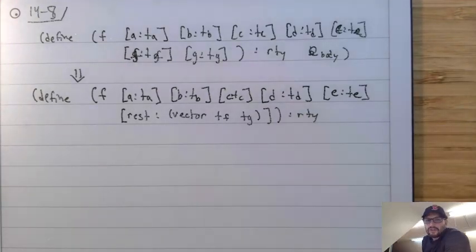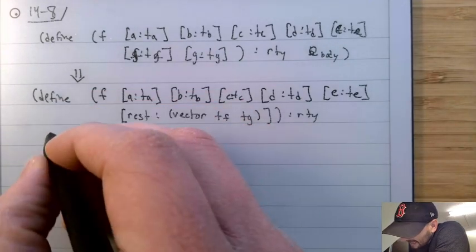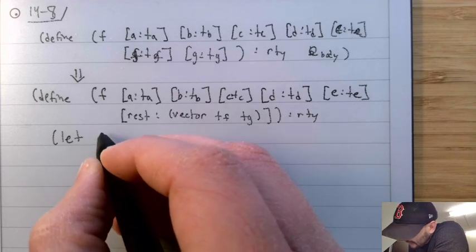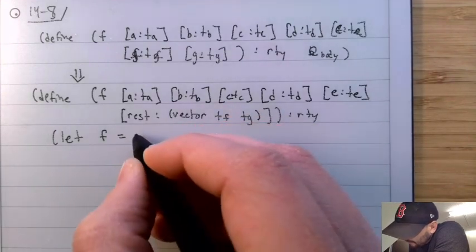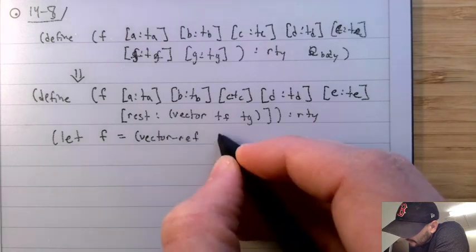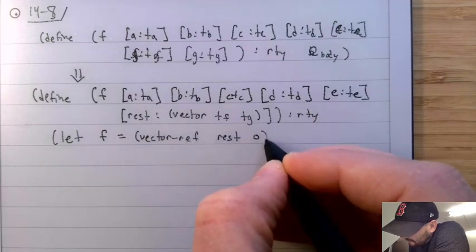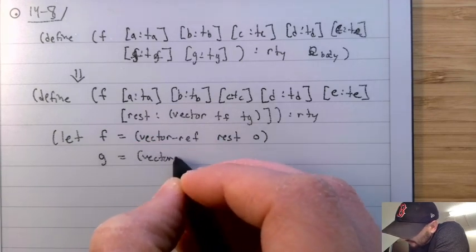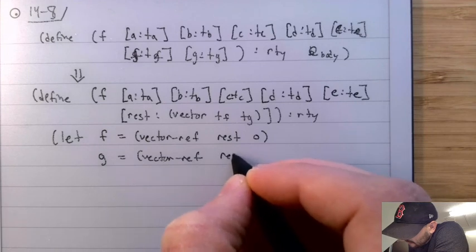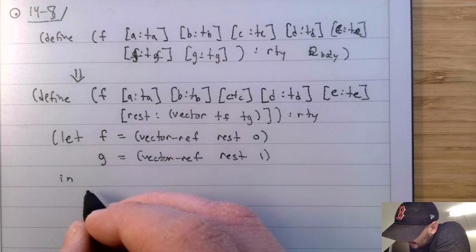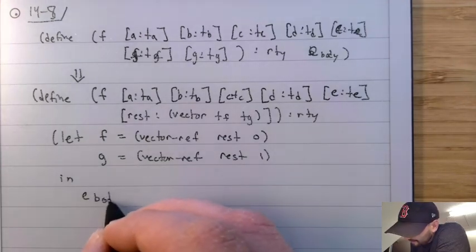Okay, but now you're going to have to modify the program. And the way that you modify your program is you add in an additional let, and this let is going to say, let F equal vector ref rest of 0, and let G equal vector ref rest of 1, and then this is all inside of the E body.